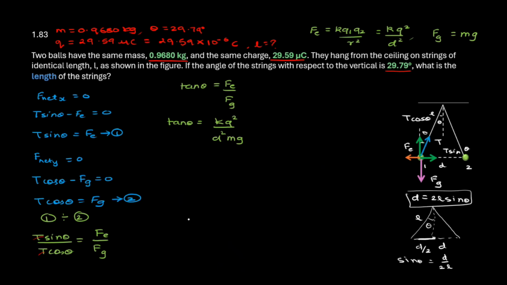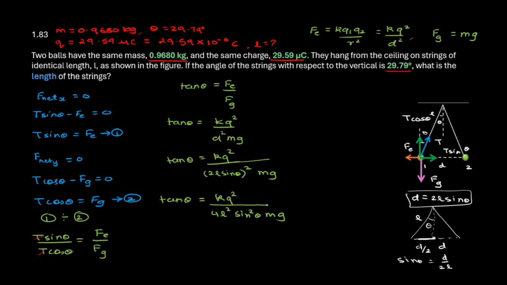Substitute this for d and you will get tan theta equals kq squared over, in place of d, I will write 2L sine theta squared, m into g. Therefore I get tan theta equals kq squared over 4L squared sine squared theta into mg. I want to find L, so cross multiply and move L on the top here, bring tan theta down.